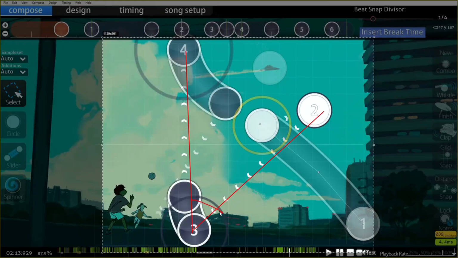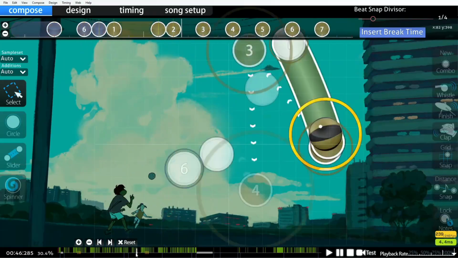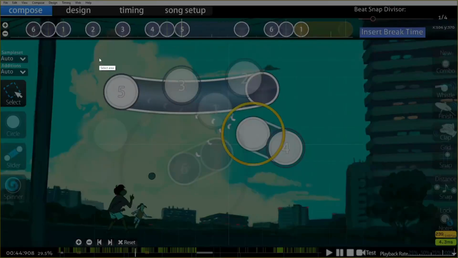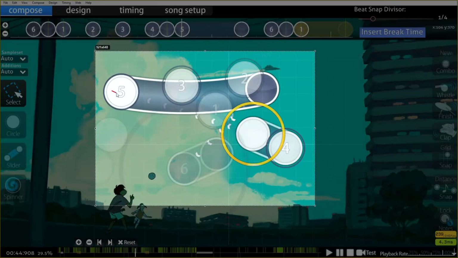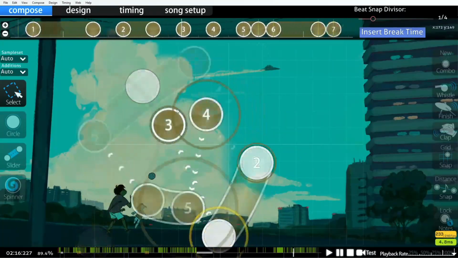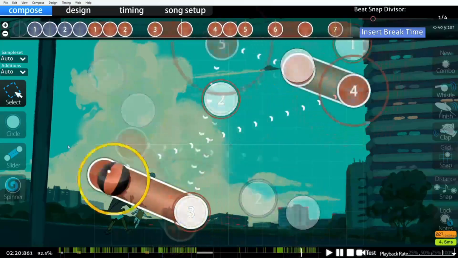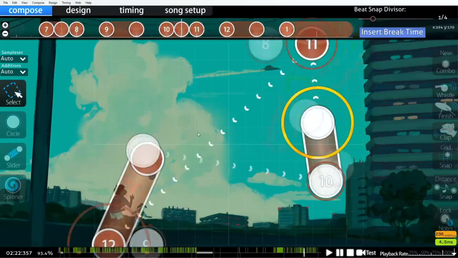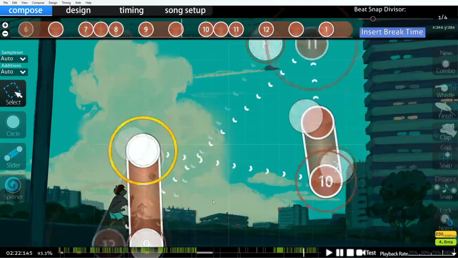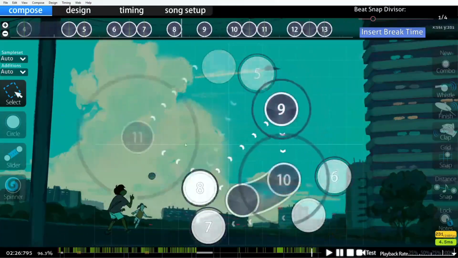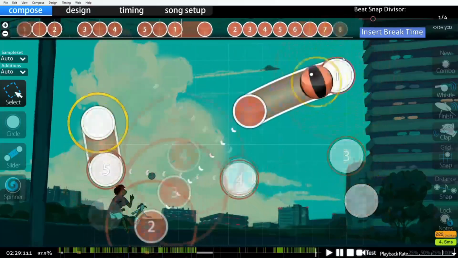But it still creates this kind of angle, which still makes it somewhat comfortable and playable compared to this pattern right here, where the maximum spacing that we have is this, which is not really that big compared to this. You can easily tell by this pattern right here, because this is pretty much the most intense part of the song.